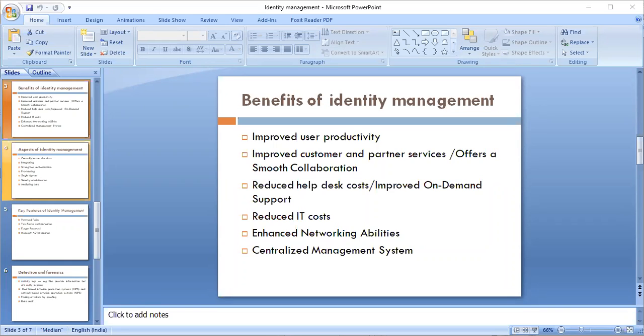Users don't have to do anything with that, and they don't have to invest in the resources either. If the users are authenticated, they can have the access, and ultimately the productivity will be increased.